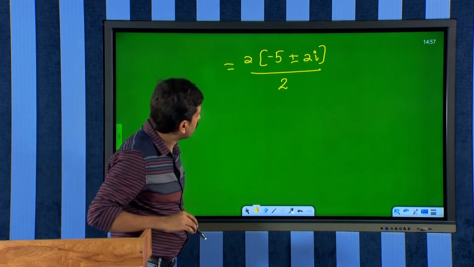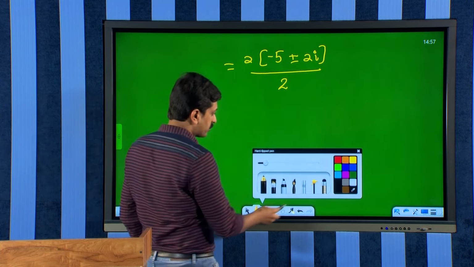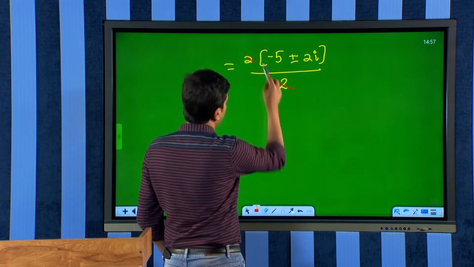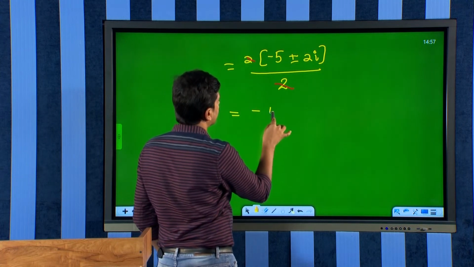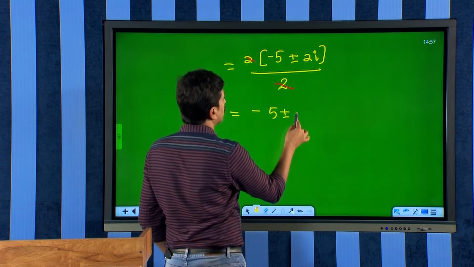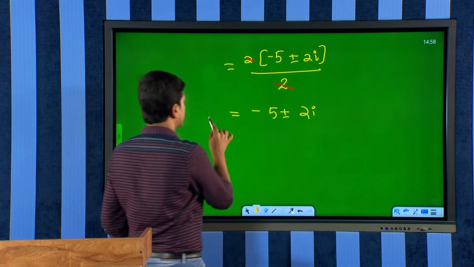We can cancel this 2 and 2, and finally we have the values. This is equal to minus 5 plus or minus 2i, which is m.